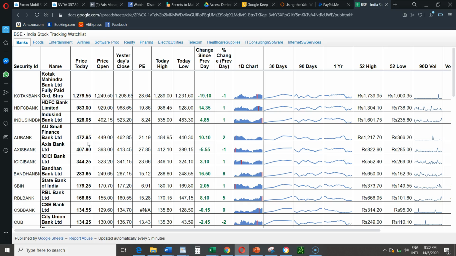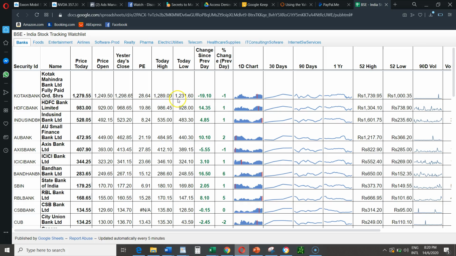Now you'll get this exactly as you are looking at it. And then this is the price open for today and yesterday's close price. So you can directly see whether it has gone up since yesterday or gone down. What's the PE ratio for the stock? That tells you how expensive this is as compared to the actual value that it's supposed to be worth.